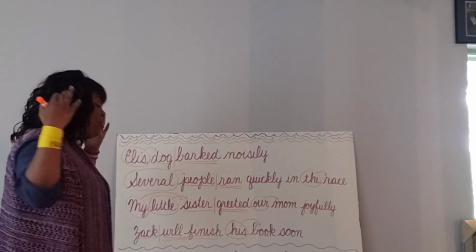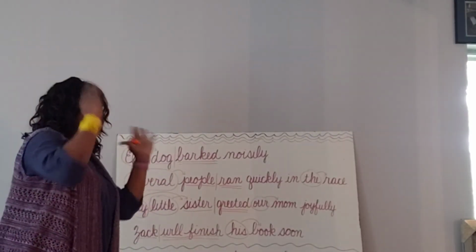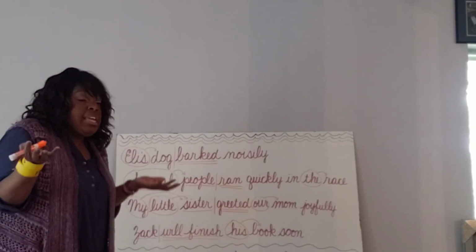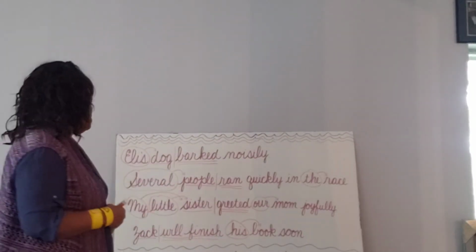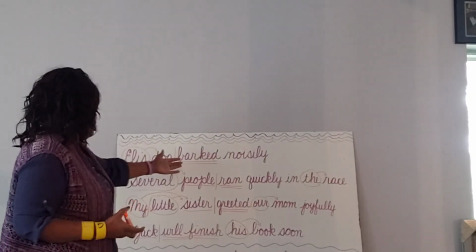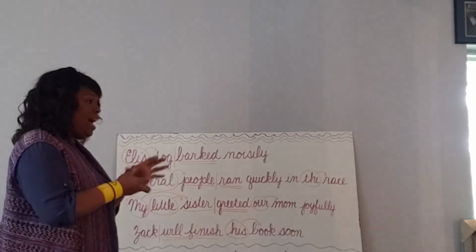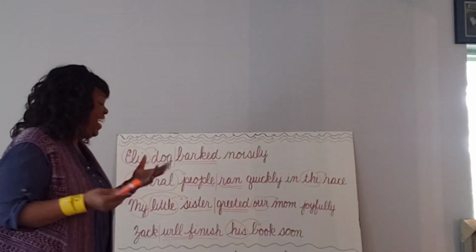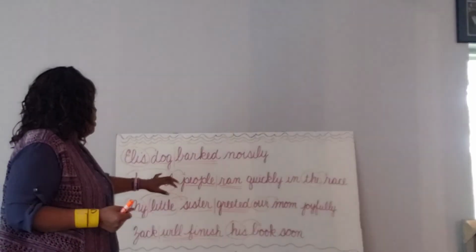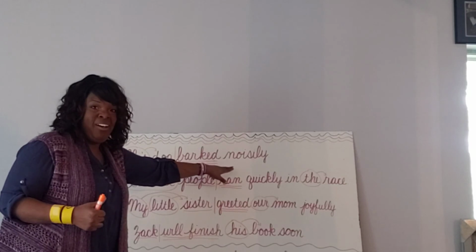All right. So now that we are done with our adjectives, we're going to go back to every sentence again, and we're going to see if there may possibly be an adverb in those sentences. So we're going to look at our verb this time, and we're going to ask barked, how, when, how often, or how much. Barked, oh, how.